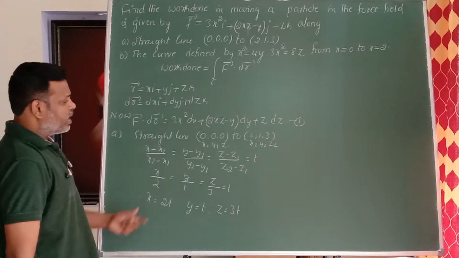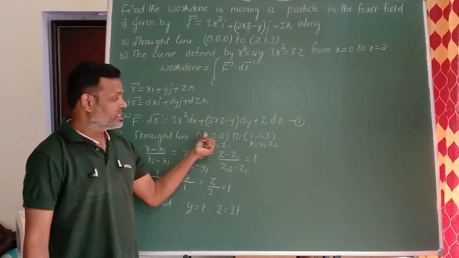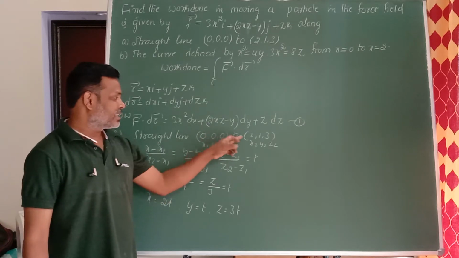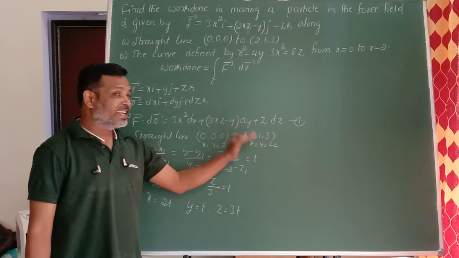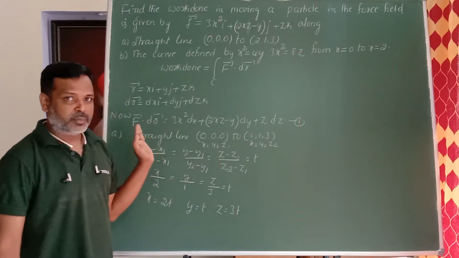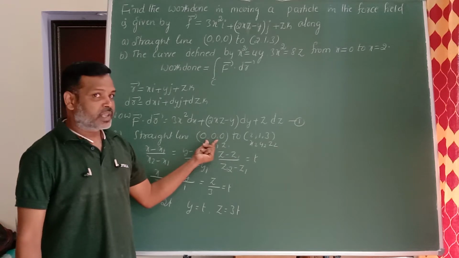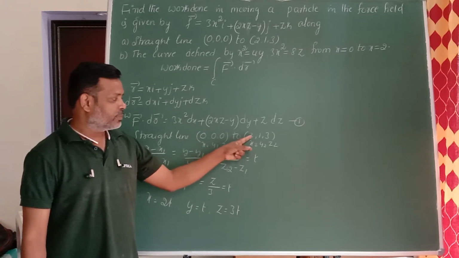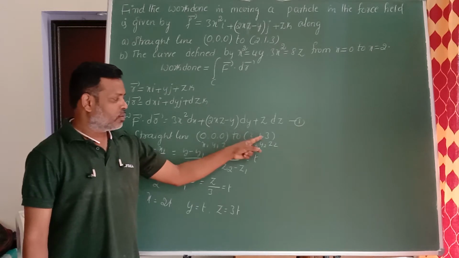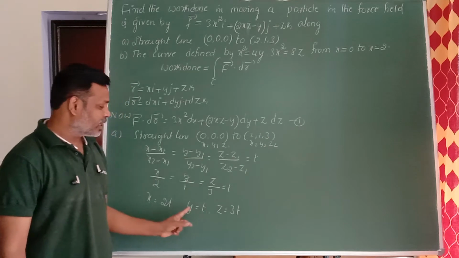When one of the points is the origin, we can easily find the values. That is, x is equal to 2t, y is equal to 1t, z is equal to 3t are the parametric equations. Got my point? That is the simple way. When one point is the origin, the parametric equations are given by the remaining coefficients: x is equal to 2t, y is equal to 1t, z is equal to 3t.